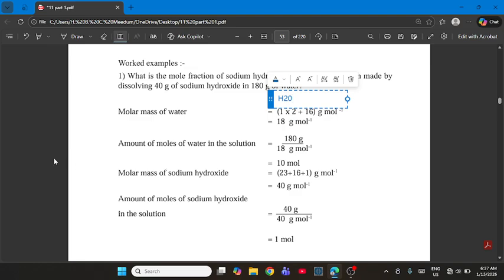So for H it is 1 and there are 2 H, so we have to multiply 1 by 2. Then you get 2 plus 16 for oxygen. 16 plus 2 is 18 gram per mole. That is the molar mass of H2O.